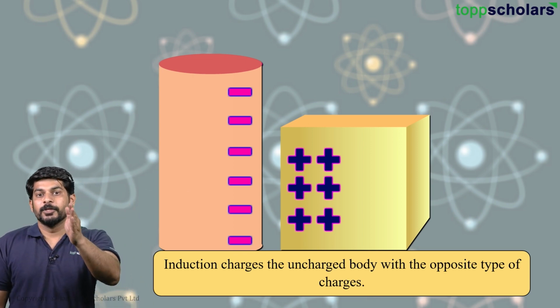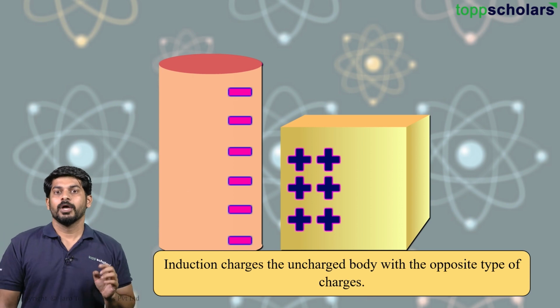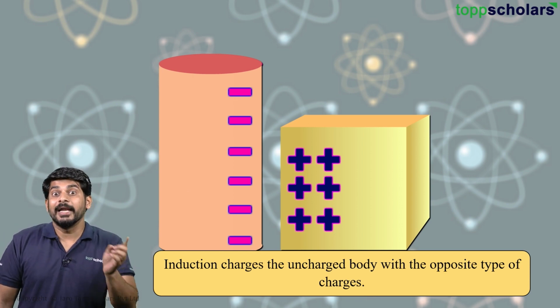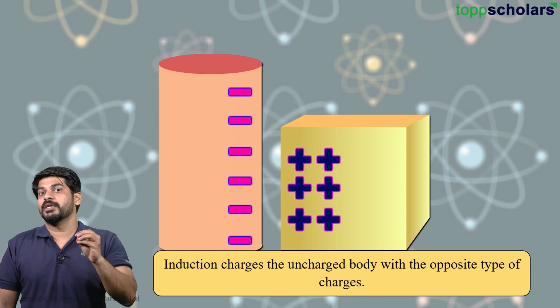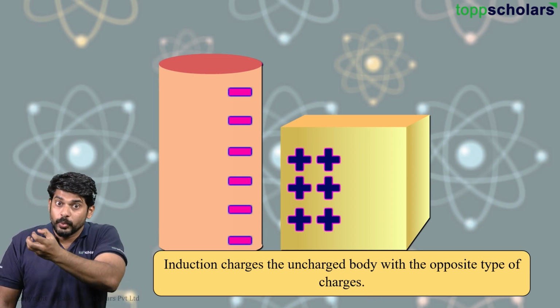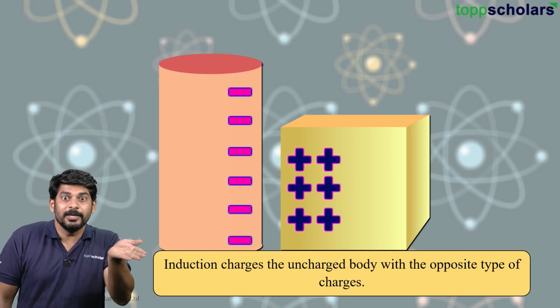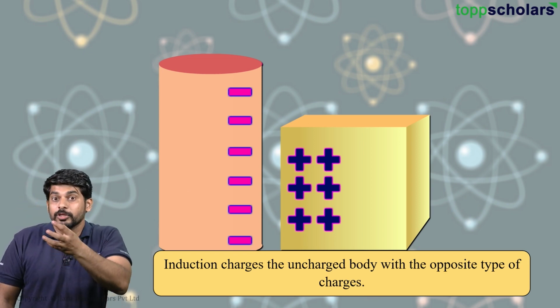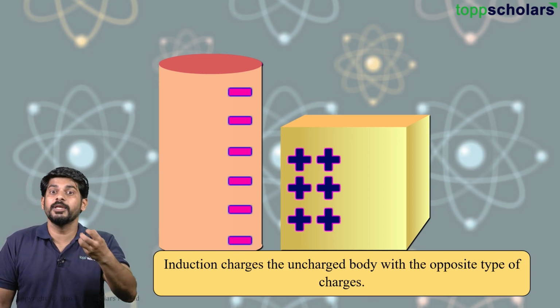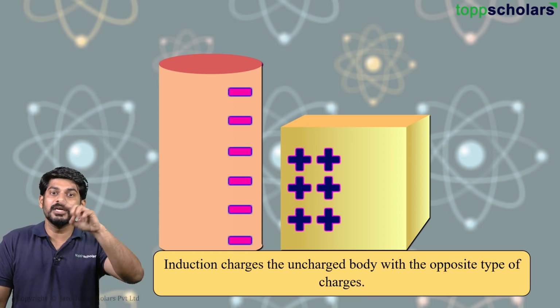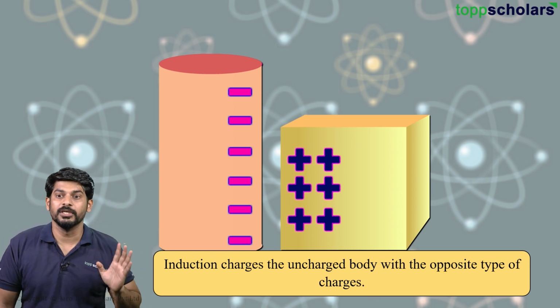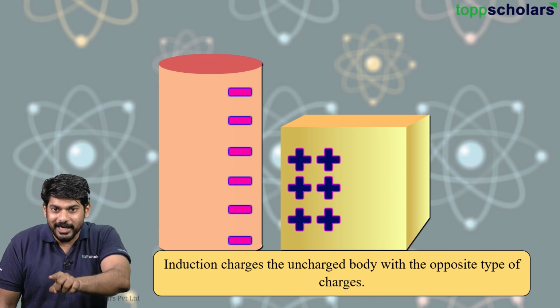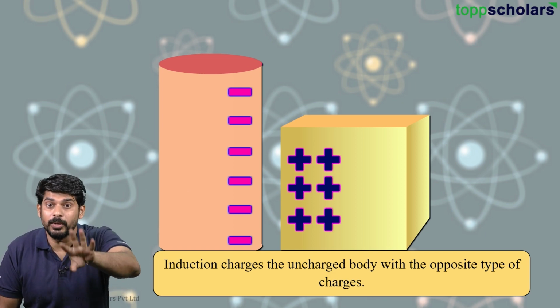Since the object is negatively charged, it will attract the positive charges of the other object towards itself, or we can say it will repel the negative charges away, and that's why the positive charges will accumulate on the surface near the negatively charged body, and the second body will be positively charged.